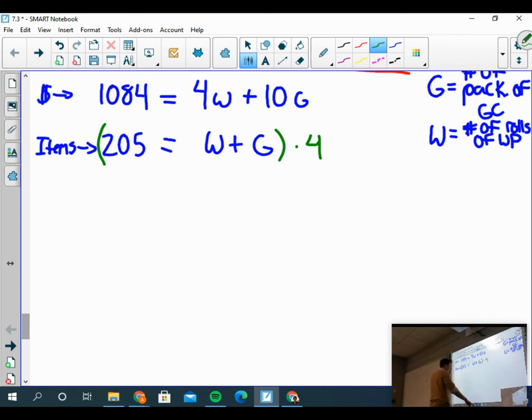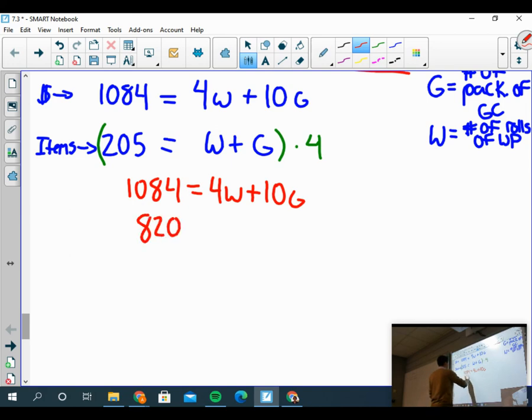So I'm going to rewrite my equations, not changing anything with the top one, but I'm going to multiply the entire bottom equation by 4 in order to set up a situation where I can easily eliminate the W's. But again, what I do to one part of that equation, I must also multiply the other parts.